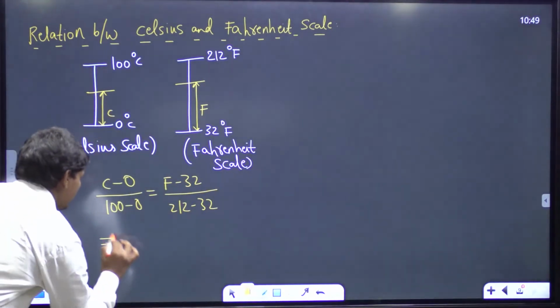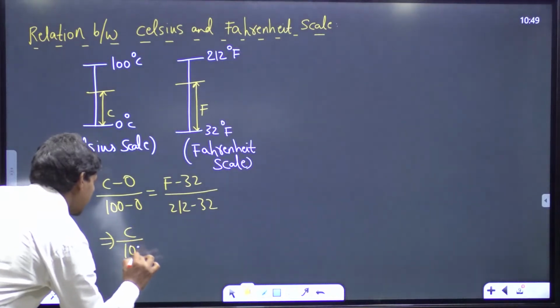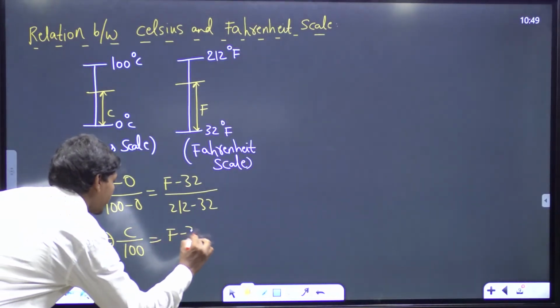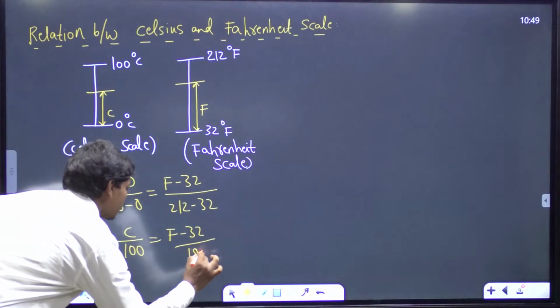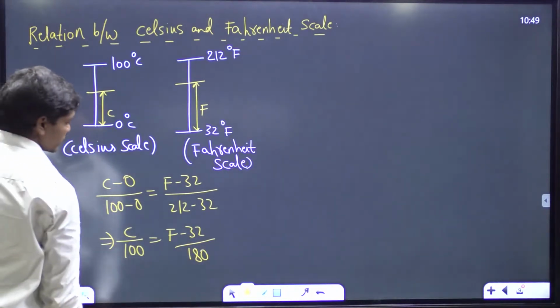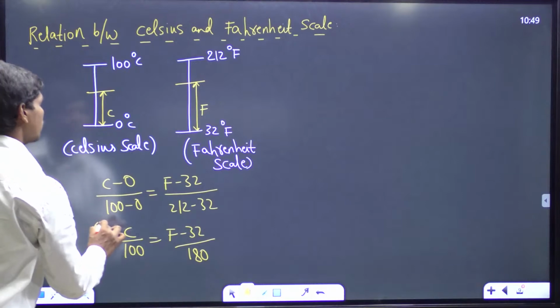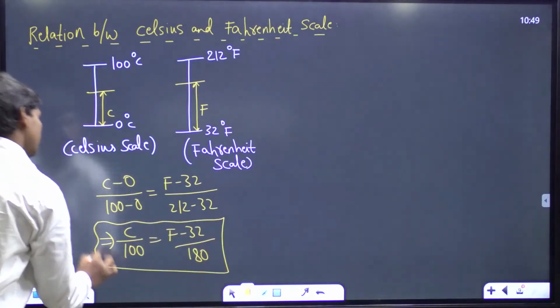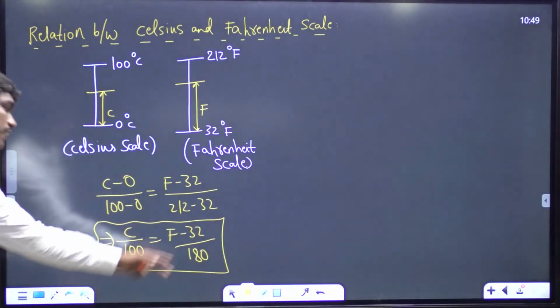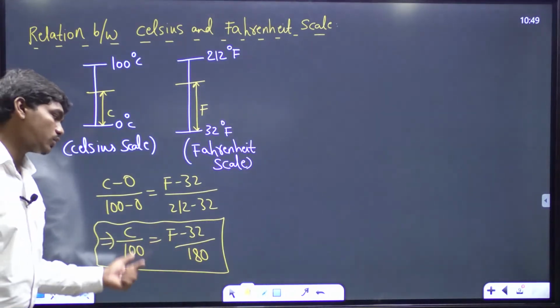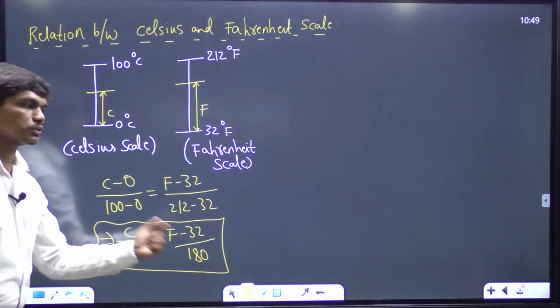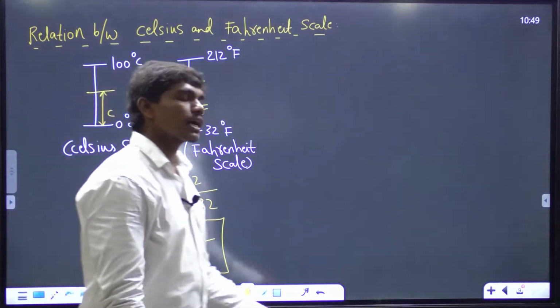So this implies C by 100 is equal to F minus 32 divided by 180. You can simplify, or else it's fine even if you leave it like this. If you cancel two zeros, then 5 by 9, so C is equal to 5 by 9 into F minus 32.